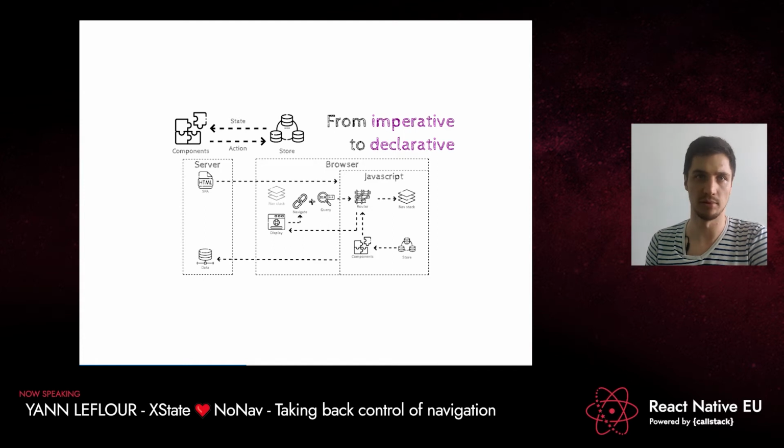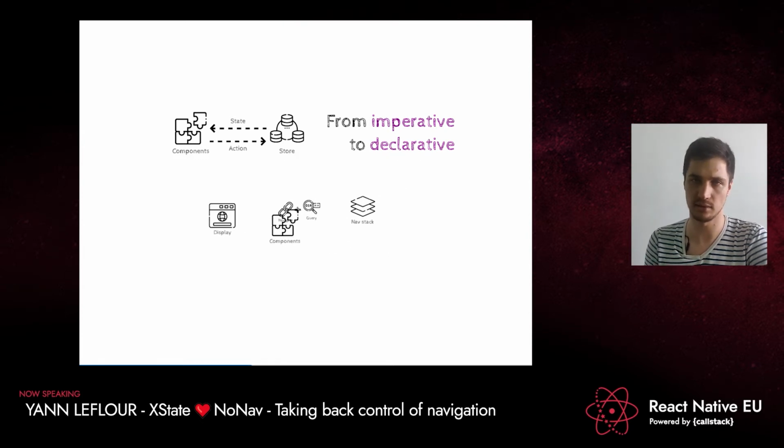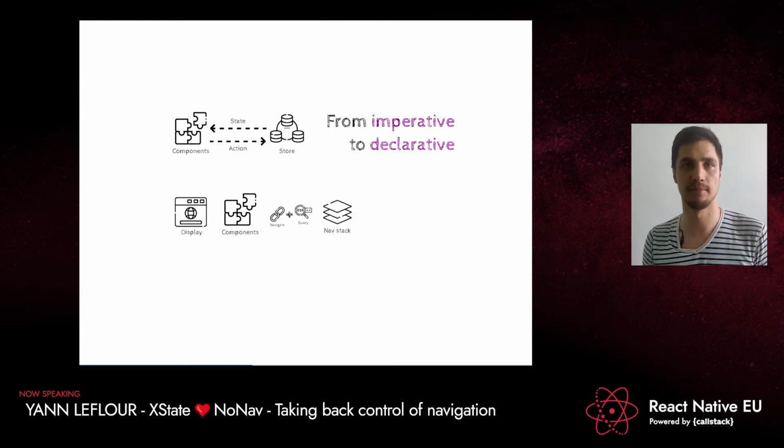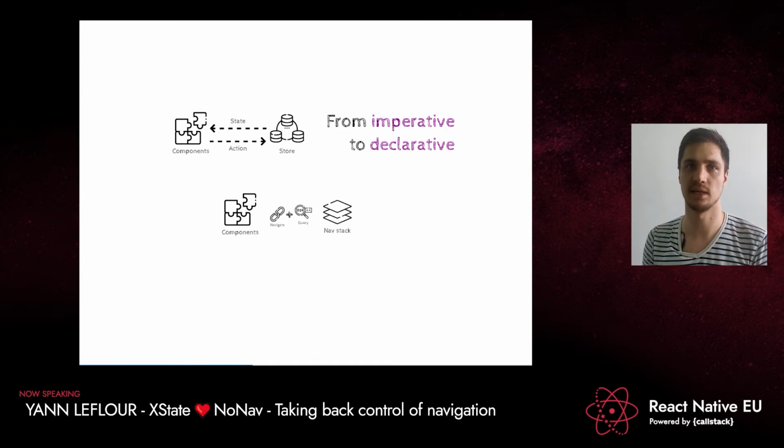But if you remember, we have grown accustomed to navigation being handled by the browser, with our stack handled by a navigation library. And if you isolate its essence, it turns out that in accord to the Flux architecture, our display is handled by our components.